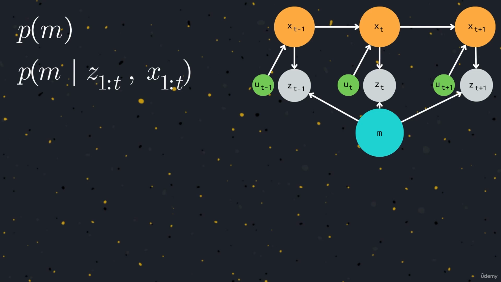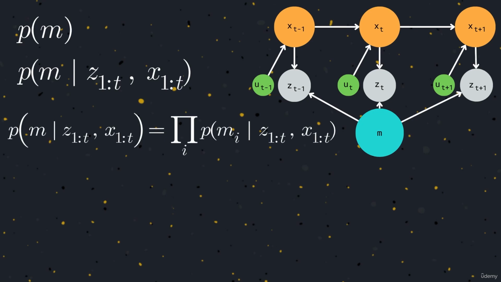This probability indicates the overall probability of the map, but since the map is composed of a certain number of cells, the probability associated with the map is simply given by the product of the probabilities associated with each cell. In this case, with the variable mi, we indicate the probability of the cell i of the map being occupied. Clearly, this probability depends on how the robot has moved, thus on which areas of the map it has visited, and also on the LiDAR readings.